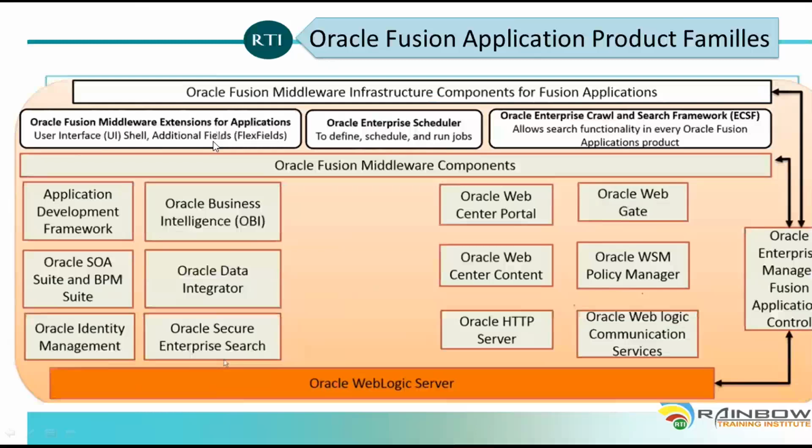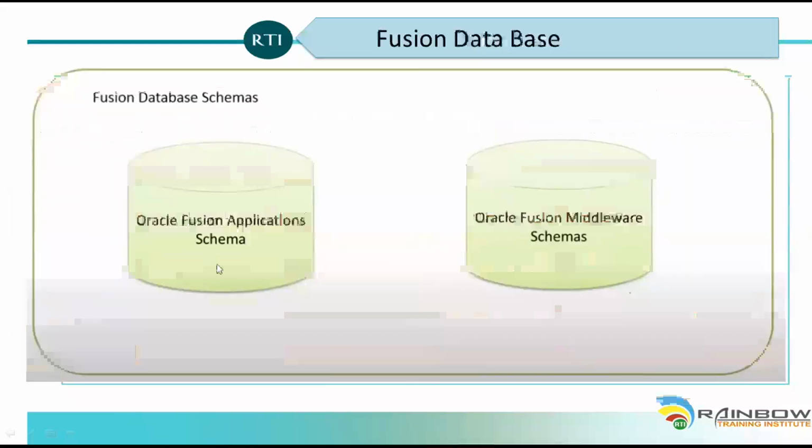For storing of the attributes, if you are an E-Business guy, you know the flexible components are stored with segments, and your DFF will be stored with attributes, and EFF also the same, stored with attributes. But for extension purpose, they use these middleware components. That's the meaning of that. Okay. The definition of the extensions would be in the middleware, and the storing of the value data is in the application schema only. Okay.